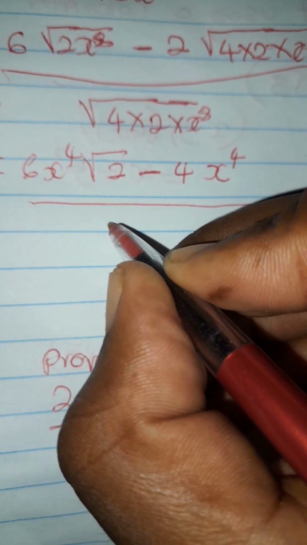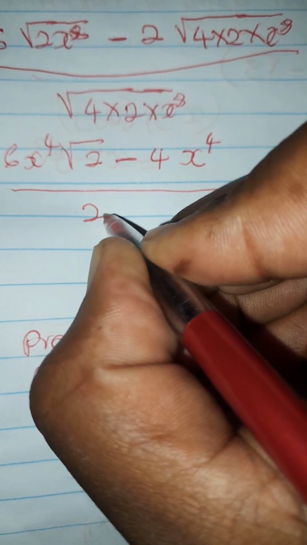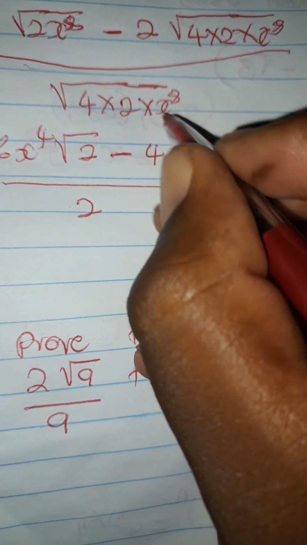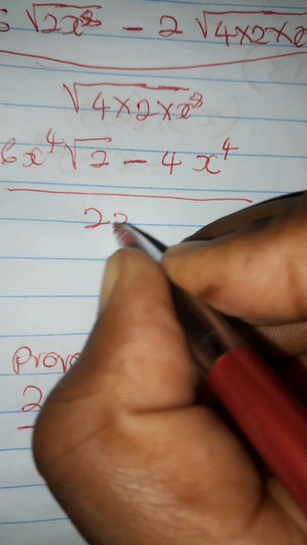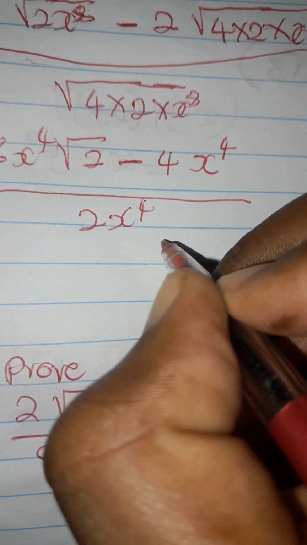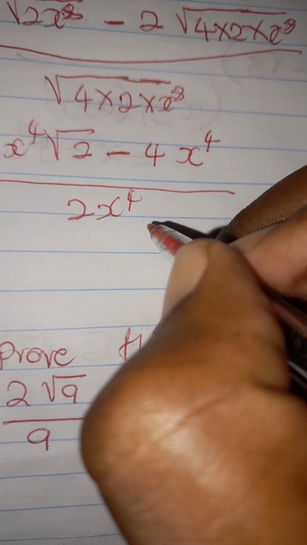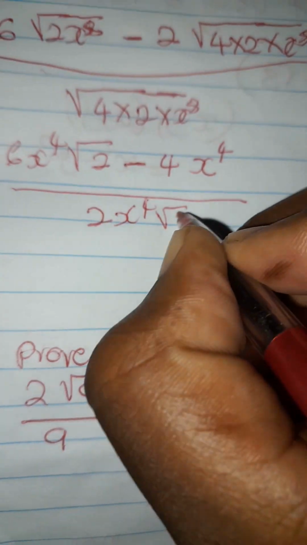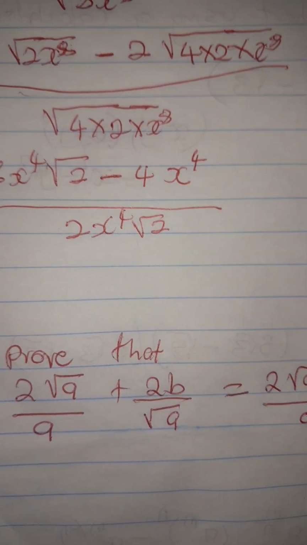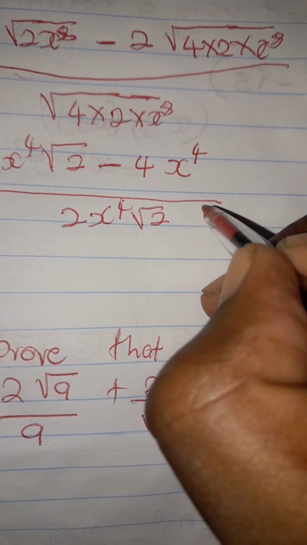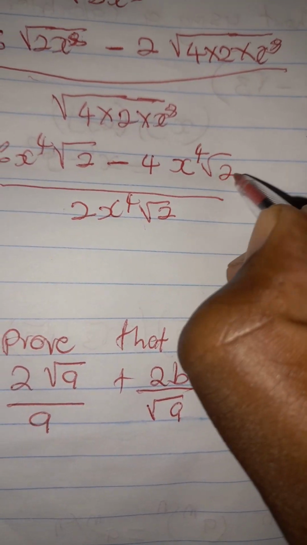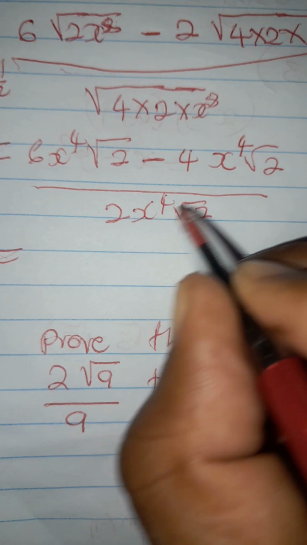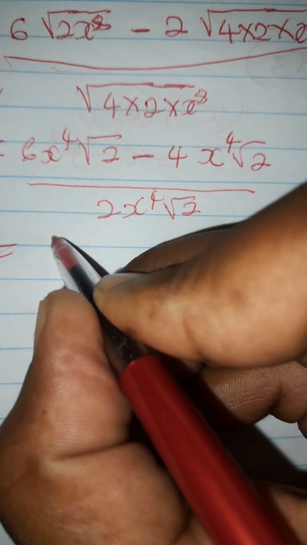Then the square root of 4 here is going to be 2. When we get rid of x to the power of 8, it's going to be x to the power of 4, as well as this square root of 2, which is root 2. Even here, I left something. Here, I left root 2. Sorry for that. So we can see that the common factor is root 2.